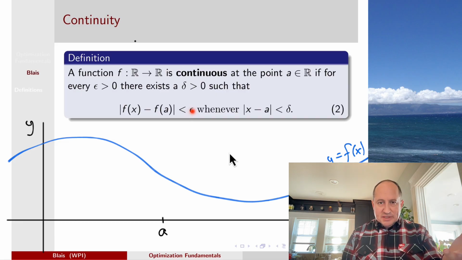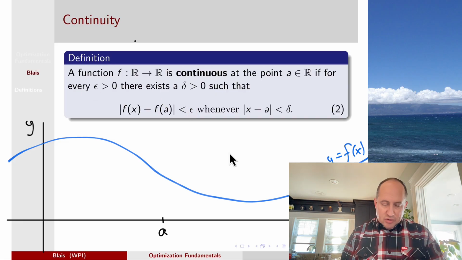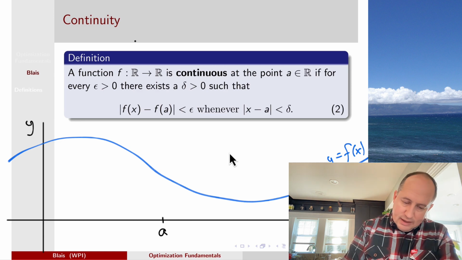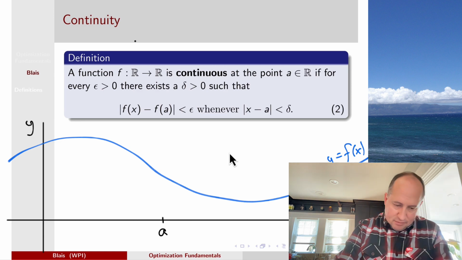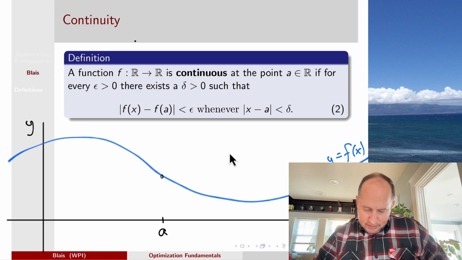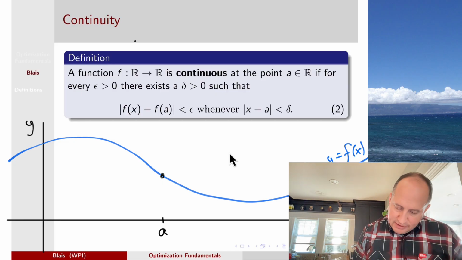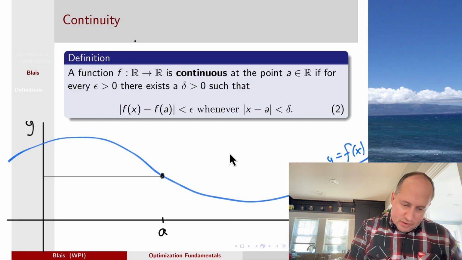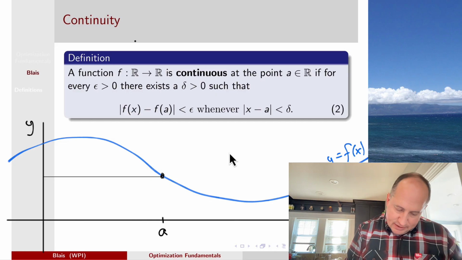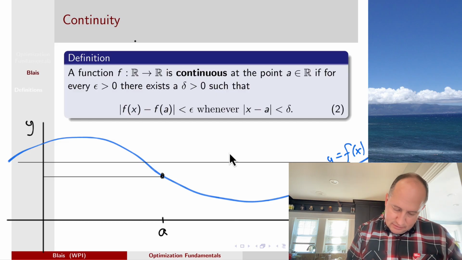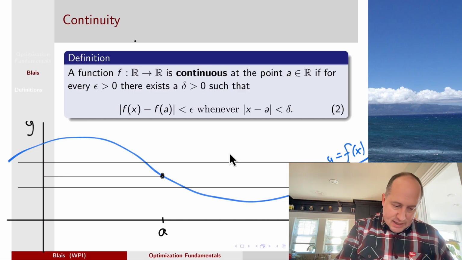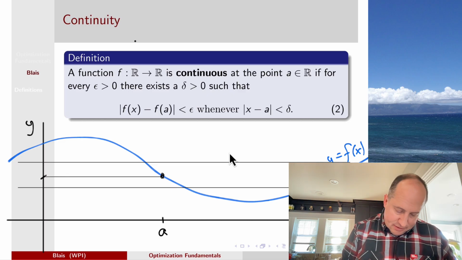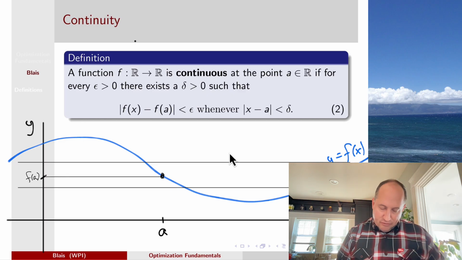So someone gives us this epsilon, which is some small number greater than 0, and we want to think about what's happening near x equals a. And so the way we're going to set this up is to make a band of radius epsilon centered here on the y-axis at f of a.